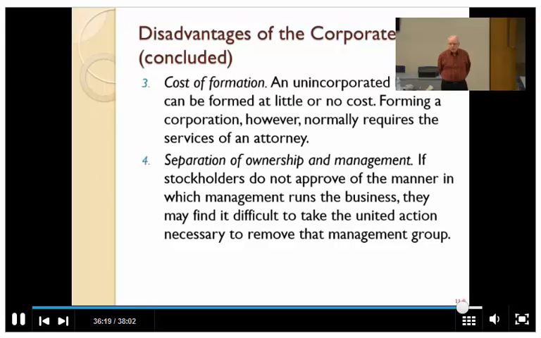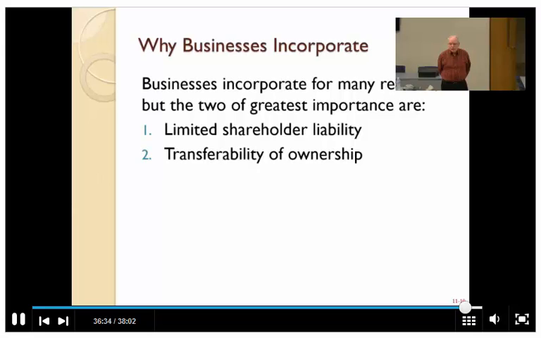Are they trying to keep their own jobs, or are they trying to do something for the benefit of the stockholder? So that's kind of a slippery slope there. Okay, so again, why would a business incorporate? Again, limited liability and the ease in transferring ownership.